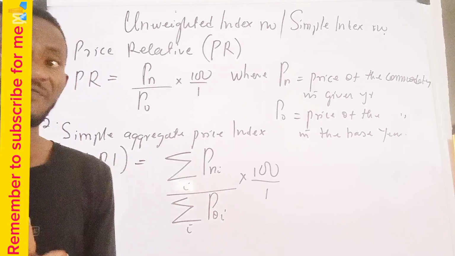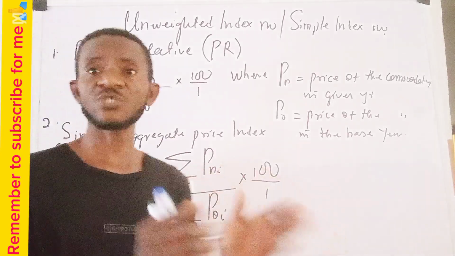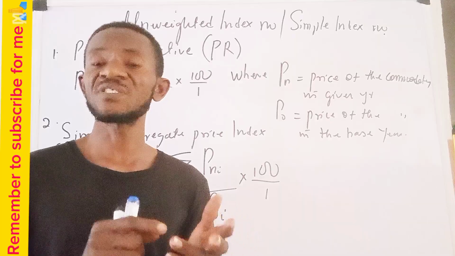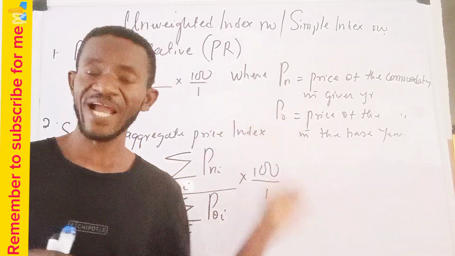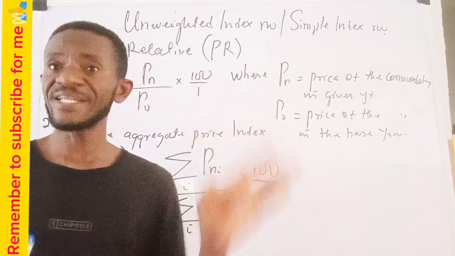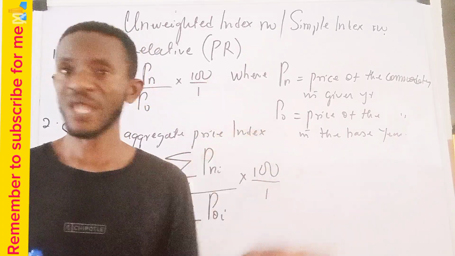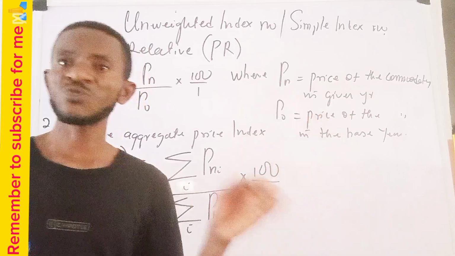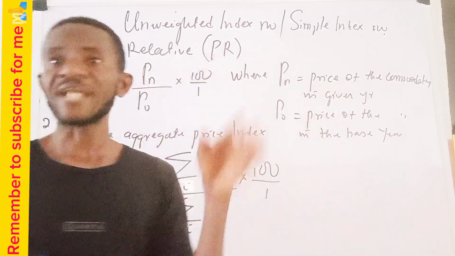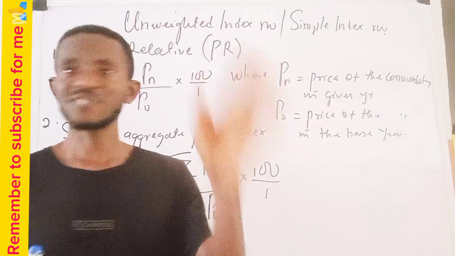For more emphasis, let us now consider chewing gum and sweet in 2000. The price of chewing gum might be 10 naira, as I earlier said, in 2000, and let the price of sweet be 15 naira in 2000. Now in 2025, the price of chewing gum has gone up to 50, and the price of sweet has gone up to 75.